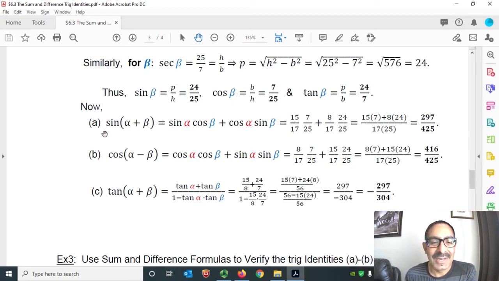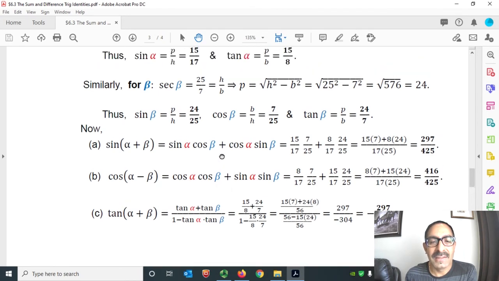Now let's do part B. Compute the value of cosine of alpha minus beta. Use the formula. Cosine of alpha minus beta turns out to be cosine alpha cosine beta plus sine alpha sine beta. The functions repeat and the minus sign becomes plus. I hope this idea makes sense to you all. Then let's plug in the values here.